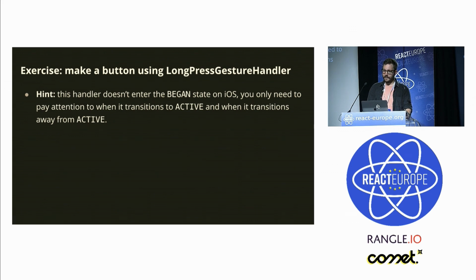Discrete gestures pretty much go from undetermined to active to ended, whereas continuous gestures enter BEGAN and ACTIVE, and then multiple events can come in while they're active, and then at some point, once some other event happens, the gesture becomes inactive. But for discrete events like long press and tap, as soon as it becomes active, it immediately transitions to ended.